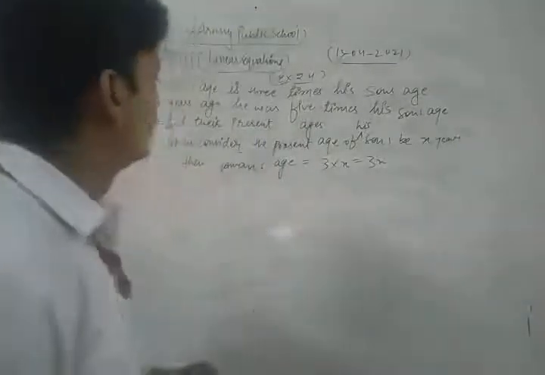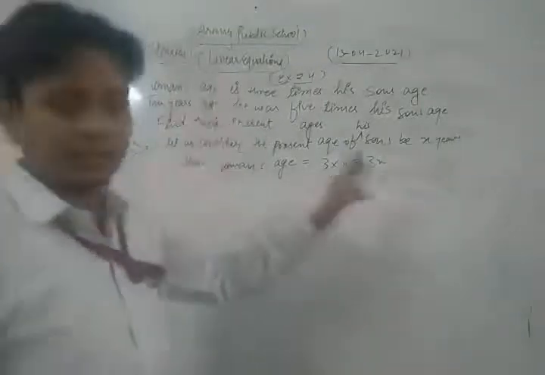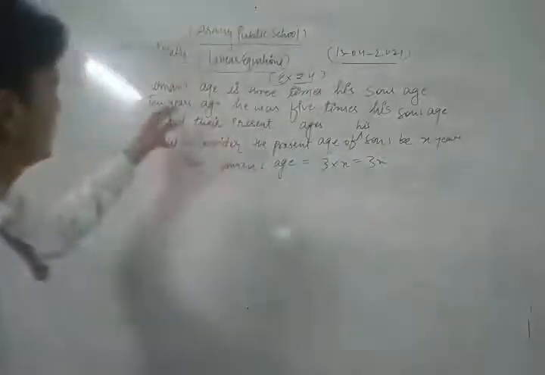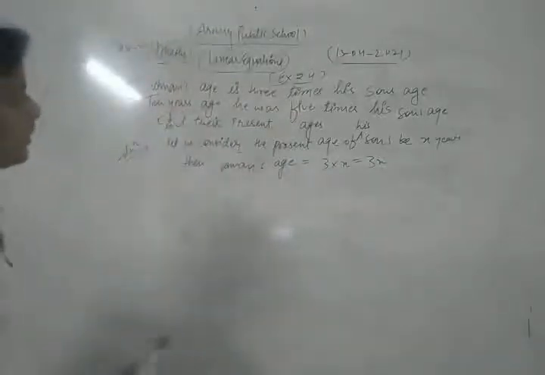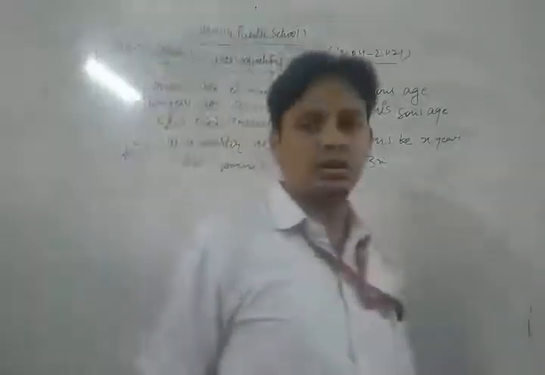Now the condition in our question is 10 years ago. So first of all, we find the son's age 10 years ago and Aman's age 10 years ago. 10 years ago, the son's age was x minus 10 years, because we took the present age of the son as x years.